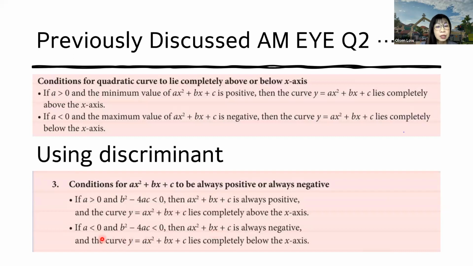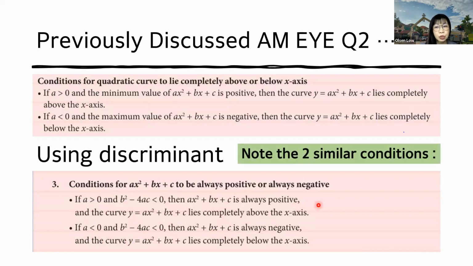So the coefficient of x squared must be less than 0, and the condition for the discriminant is still the same, less than 0. What we would like you to observe is the two similar conditions that we applied in the previous chapter, chapter 1, and right here in chapter 2.